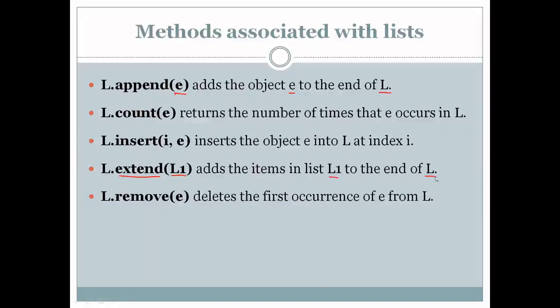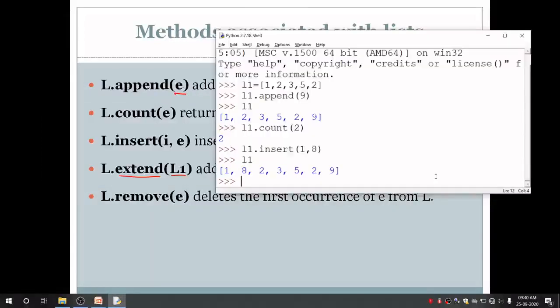So the extend method, sorry, if you have two lists, say our first list was L1, I'll create one more, L2, which is equal to say the values 3 3 3. So these are the values of list 2.